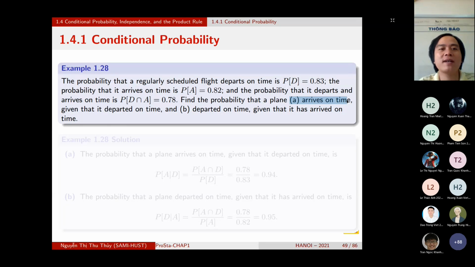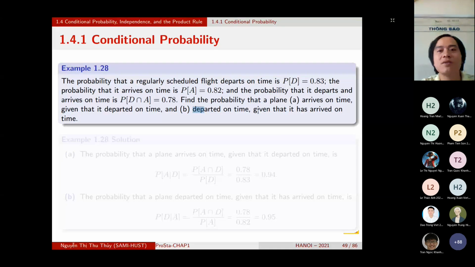This plane has already departed on time, and then we consider the probability that the plane arrives on time at Ho Chi Minh City. Now we also consider part B, given that it arrived on time.